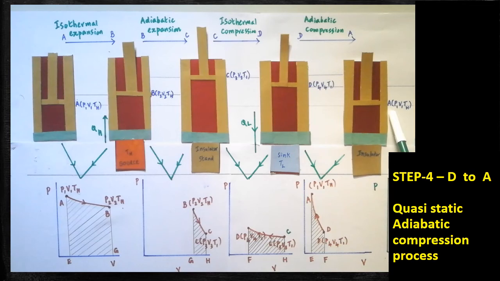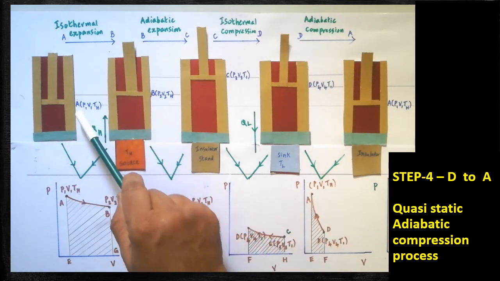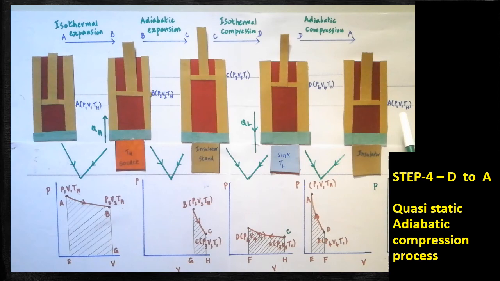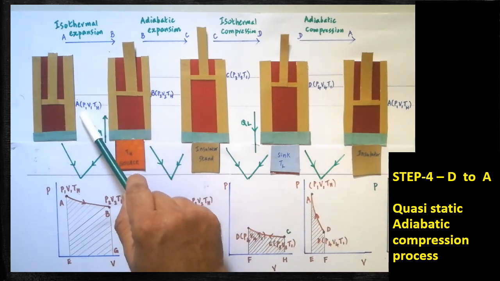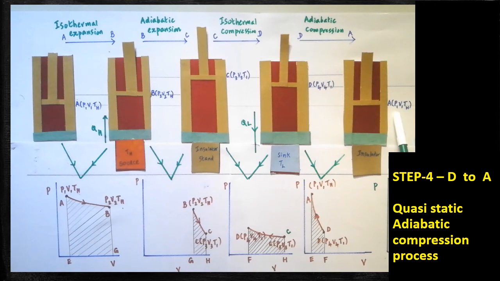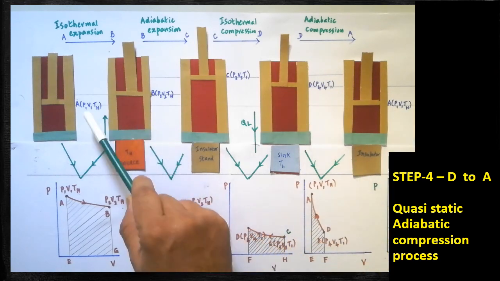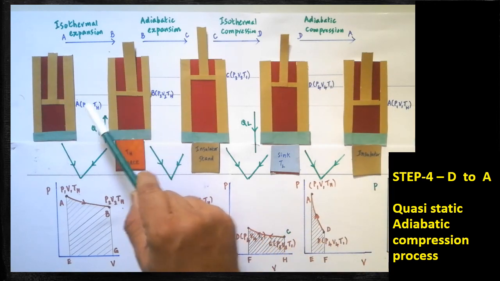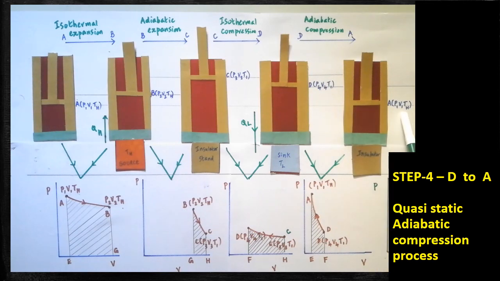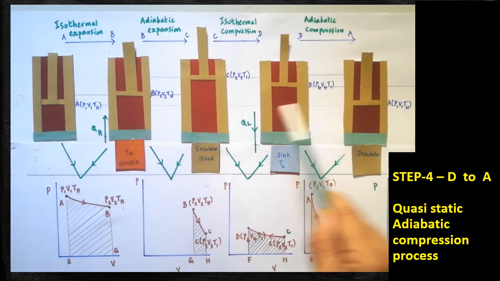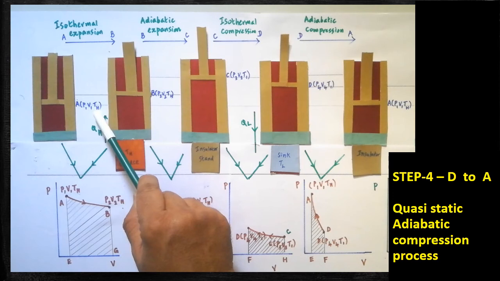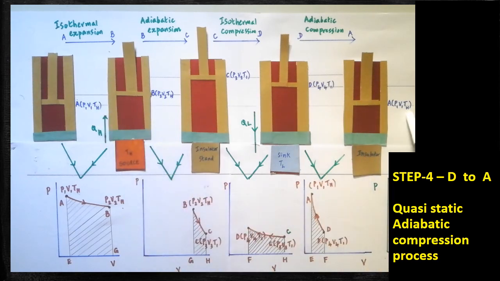So in the cyclic process, the process starts from A, again it ends up at A. Previously the pressure was P1, now also the pressure is P1. Previously the volume of the working substance was V1, now also the volume is V1. Initially the temperature of the system is TH, now also the temperature of the system is TH. That's why this is called as reversible cyclic process.